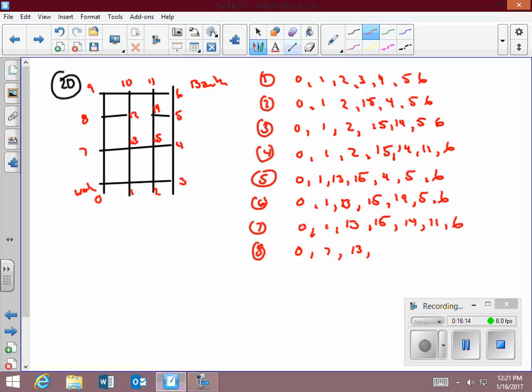Then you can go over to 15, and then to 4, then to 5, then to 6. And you go 0, 7, 13, 15, then you have to go up to 14, then over to 5, and then 6.